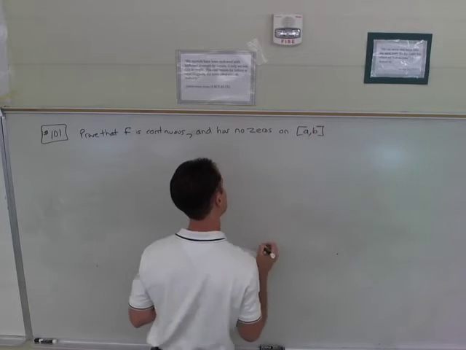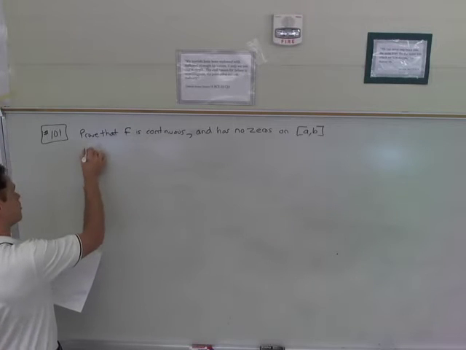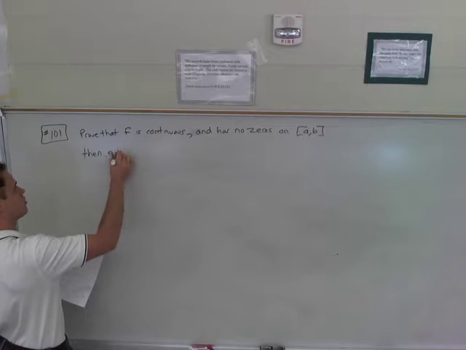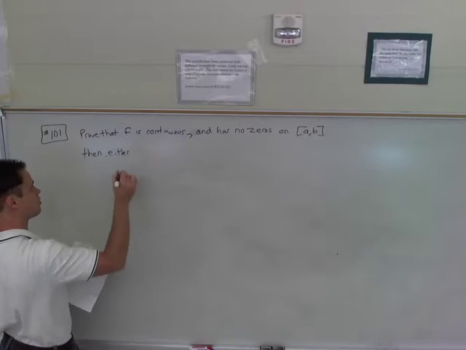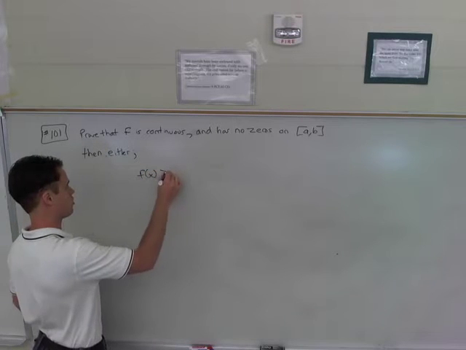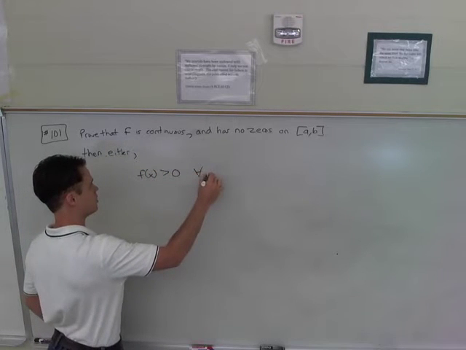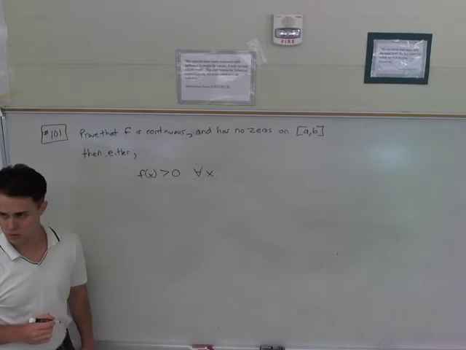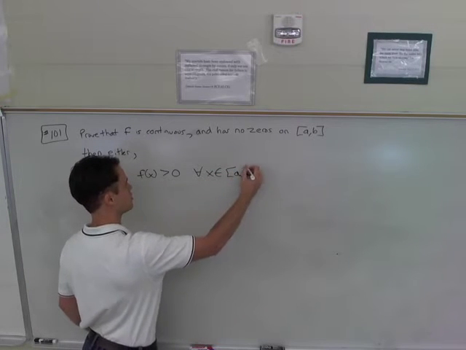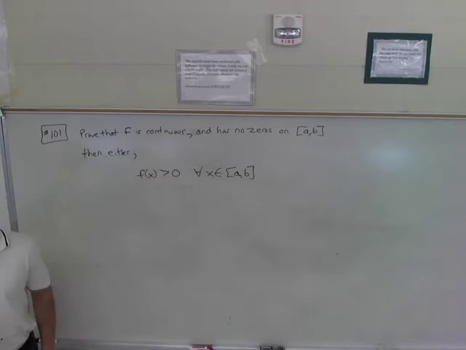Then either f of x is greater than 0 for all x in the closed interval [a, b], or f of x is less than 0. You see me starting to go symbolic on you?